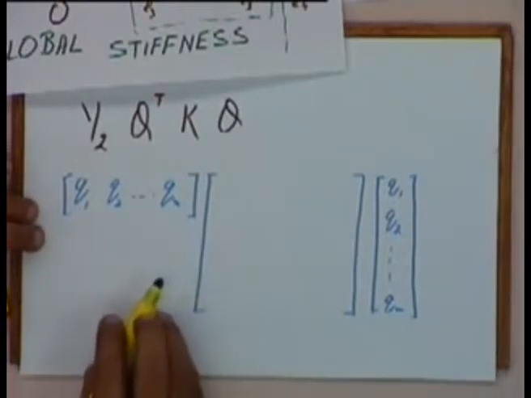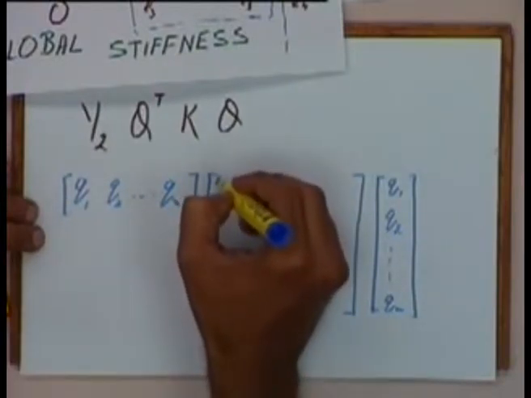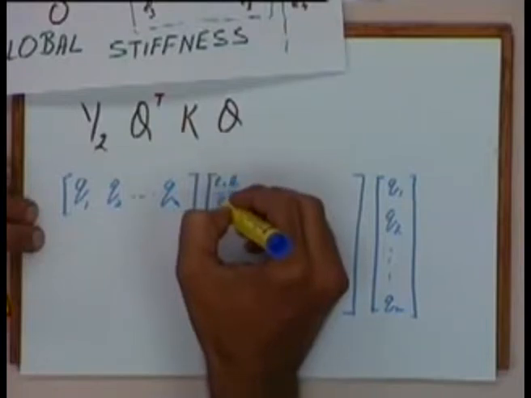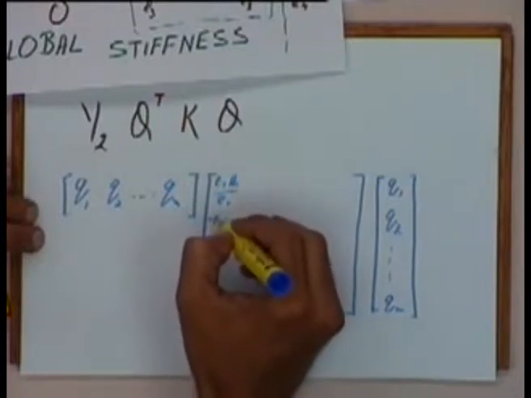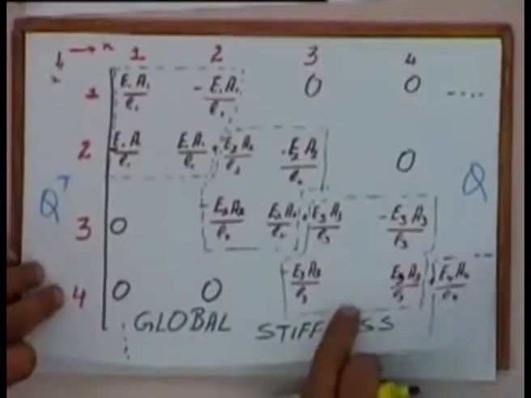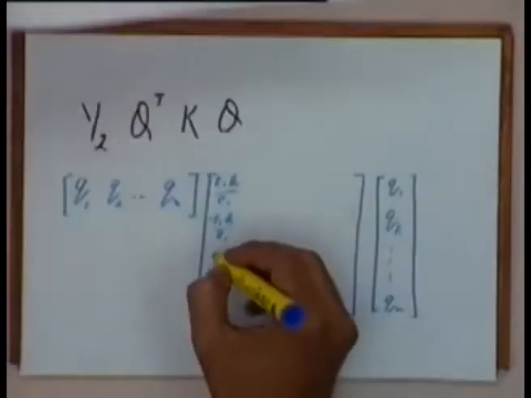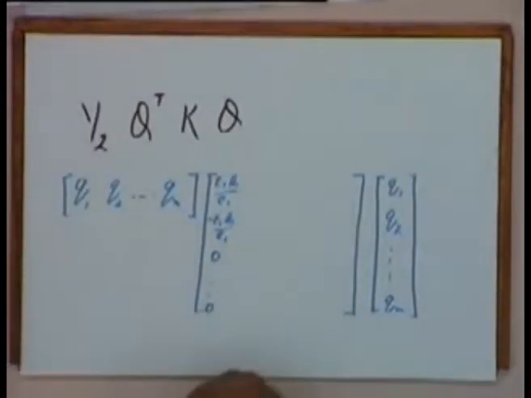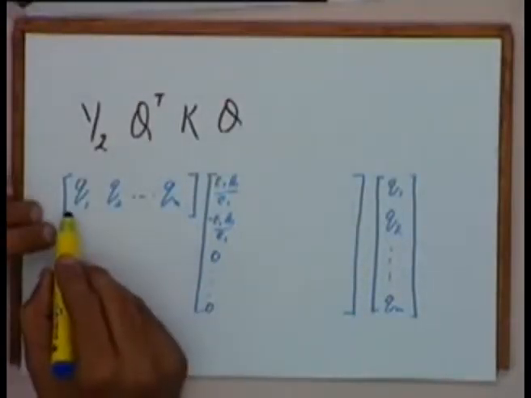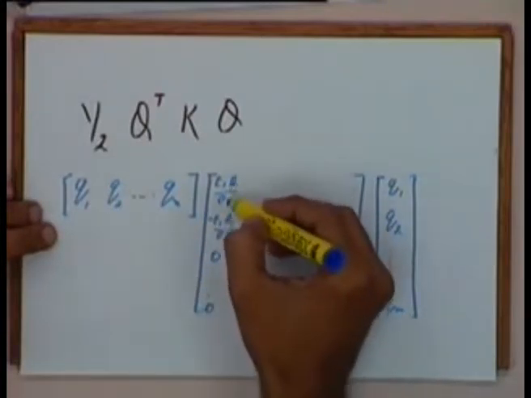Now if I look at this, my first two terms here contain E1 A1 by L1 and minus E1 A1 by L1, these two terms. All the other terms are zeros. So when I multiply this row by this column, I will get terms corresponding only to these two.